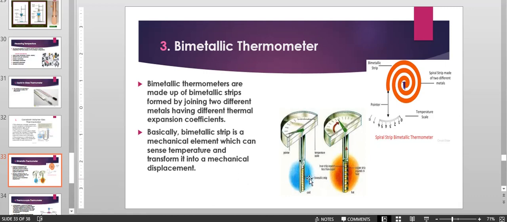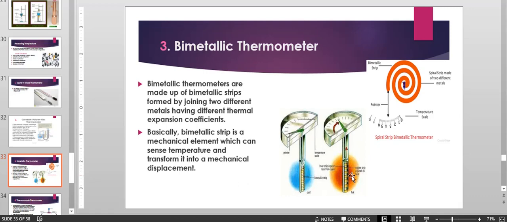So for example, if the bimetallic strip or the thermometer is used to find out the cold temperature, due to the cold, when these bimetallic strips sense the cold of that object, they will contract.